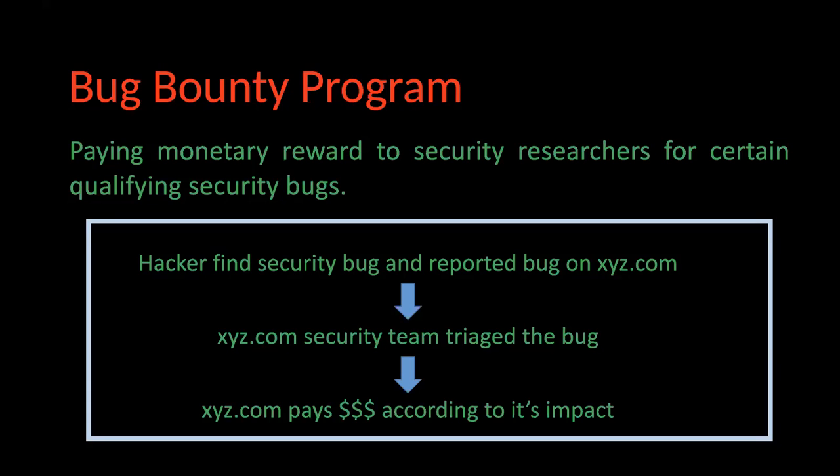If it's valid and not a duplicate, meaning he is the first one who identified it, then they will reproduce the vulnerability, analyze it, and patch it. After patching, XYZ will pay a certain bounty amount. Sometimes it will not be a monetary reward; sometimes they will give some gift or Hall of Fame. It's according to the policies, and the amount or gift will be decided by the impact of the issue reported by the bug bounty hunter.